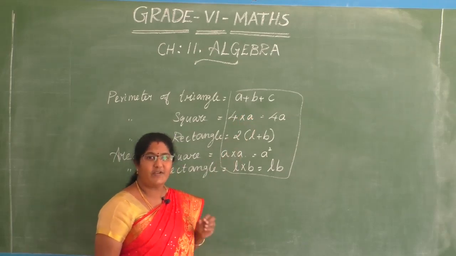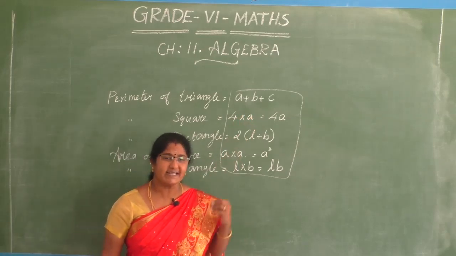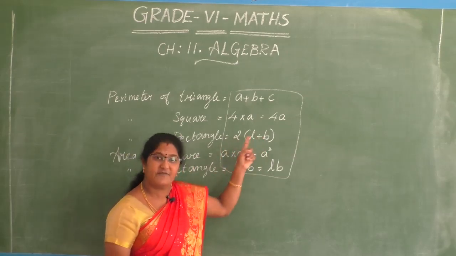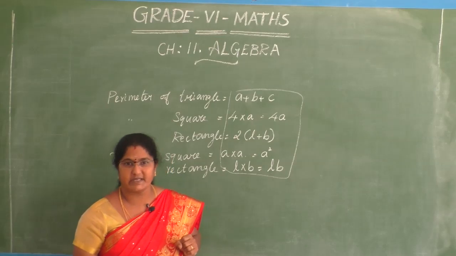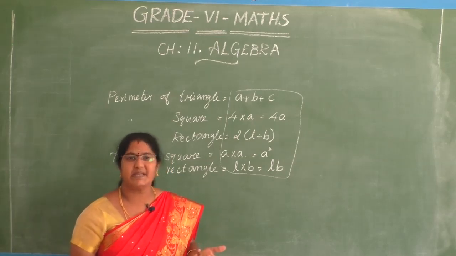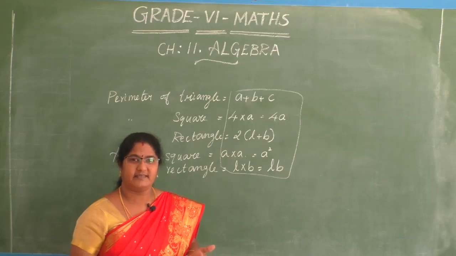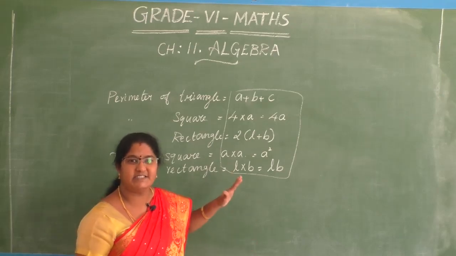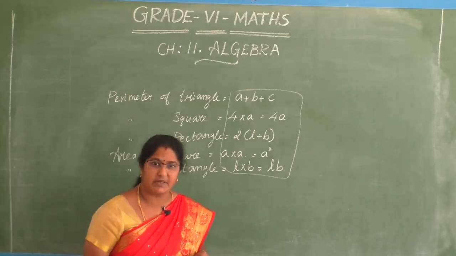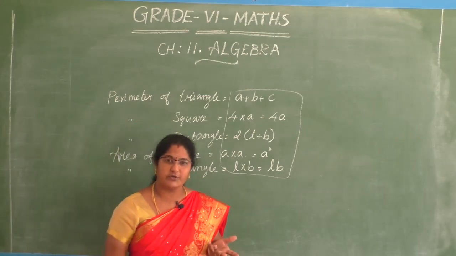Okay, so when you use numbers and letters with arithmetic operations, it is called an algebraic expression. This only we are going to see in algebra, the next chapter, 11th chapter, algebra. In this, what are you going to learn?